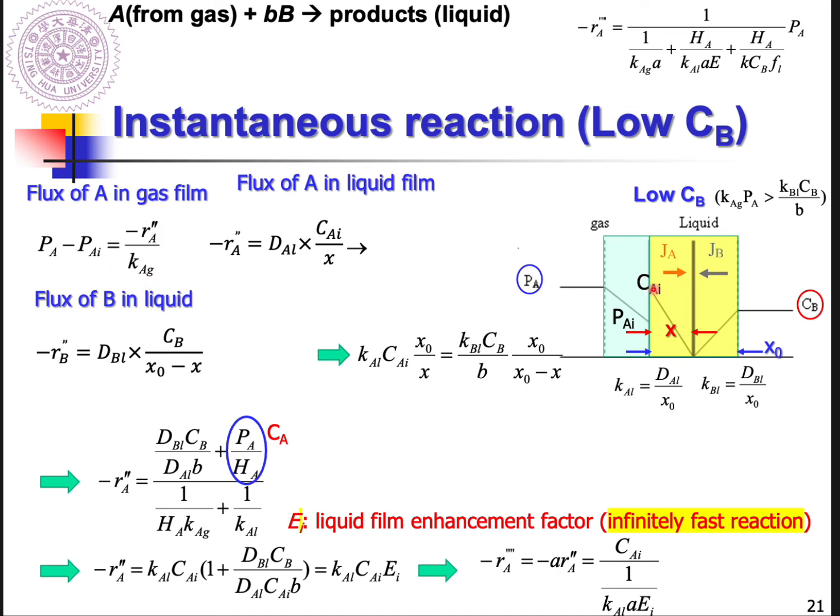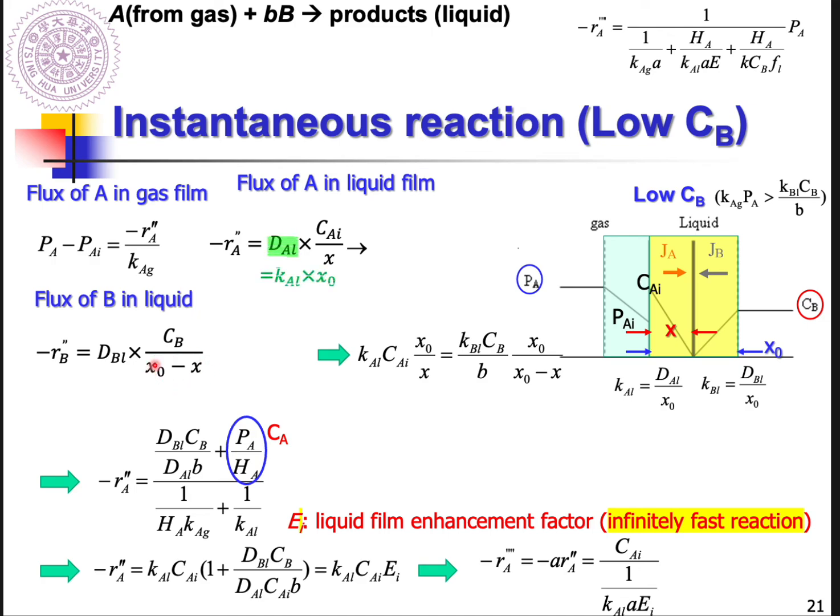And the flux of A passing through the liquid film is diffusivity times the concentration gradient, so CAI minus 0 divided by the thickness x. And the flux JB will be what? Diffusivity DBL times the concentration gradient, CB divided by the thickness x0 minus x.